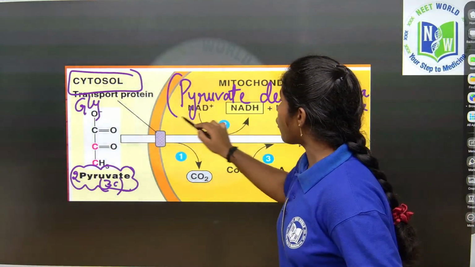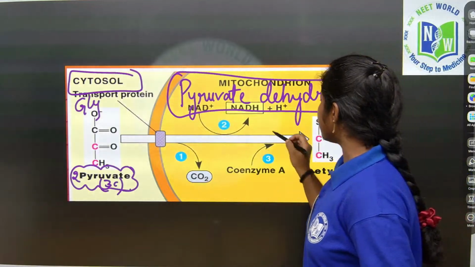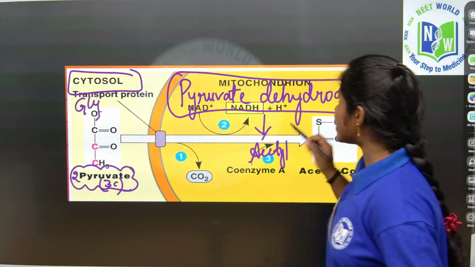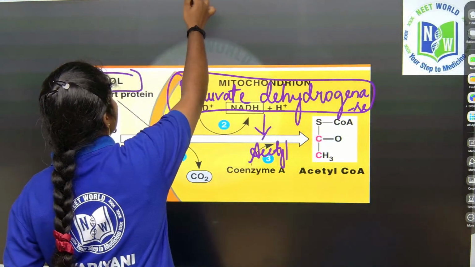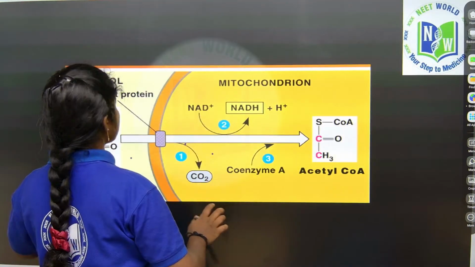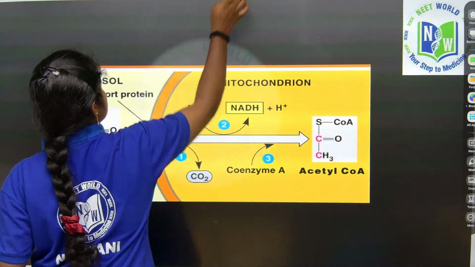Then with the help of this enzyme, the pyruvate is forming into acetyl-CoA. So let's first see how it is happening. Then we will learn about the Krebs cycle, how the Krebs cycle is happening. It is one of the very important questions for the IPE. You should not take any choice for this.